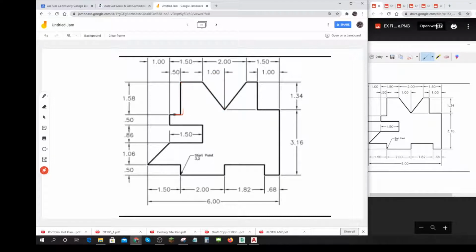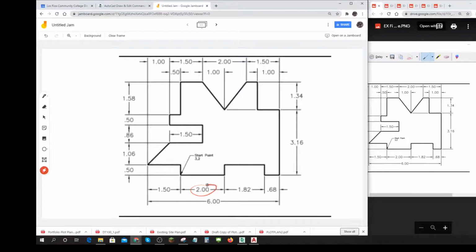Horizontal, vertical, horizontal, vertical, horizontal, up. And here's another one. Horizontal, vertical. Draw my line. Get rid of those lines. Horizontal, vertical. So I could do this whole thing with my O-snaps on and just read the dimension.